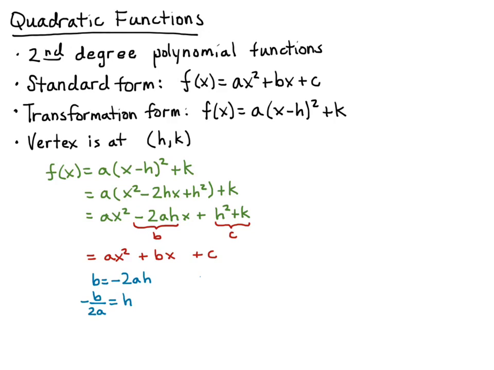All right, so a very quick way to find where the vertex is that we don't necessarily have to put it in this form, although we could. We can get it from this ax squared plus bx plus c form by finding the axis of symmetry and then taking that value and sticking it back into the function, and that'll tell us what the k value is.